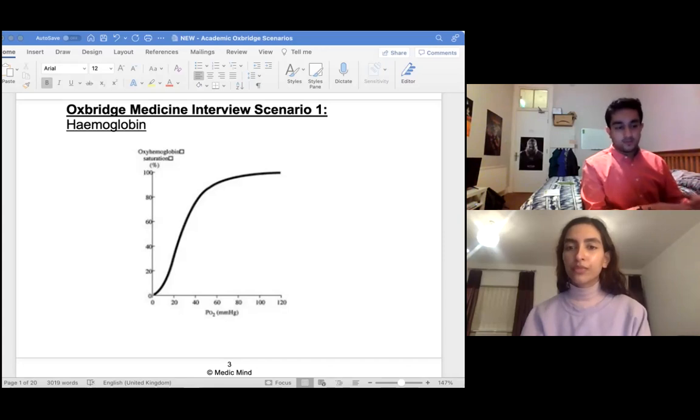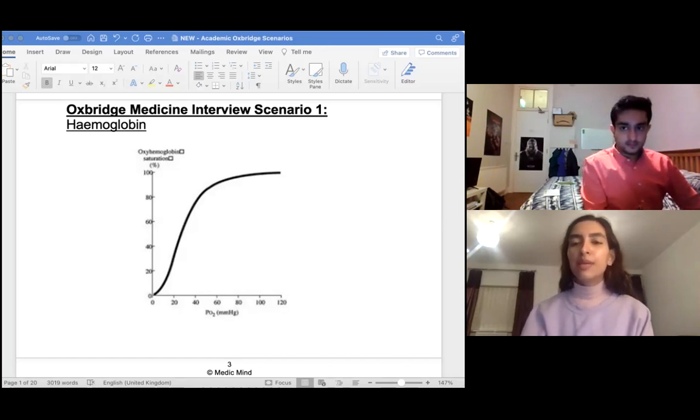I guess this is more helpful in respiring tissues because when there's high carbon dioxide in respiring tissues, more oxygen is dissociated and so that provides more oxygen for further respiration.